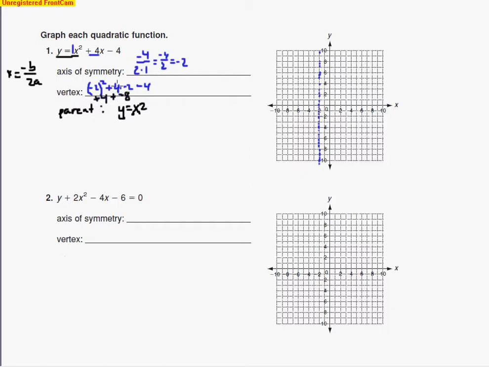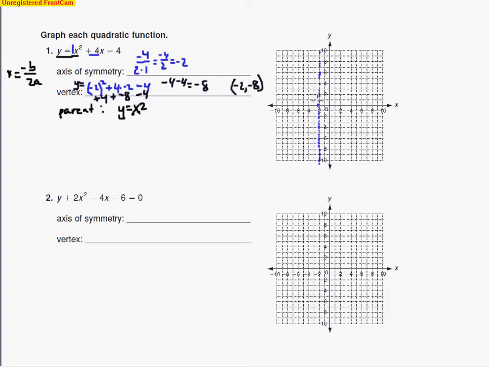Notice how one of these numbers is negative, but one's double the other. Then we take away the 4. So here we end up with a negative 4, and then take away 4 gives me negative 8. So there's the y value, the y component of this vertex. So the vertex ends up being negative 2, negative 8.